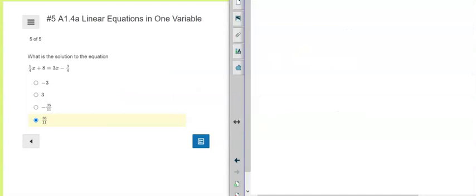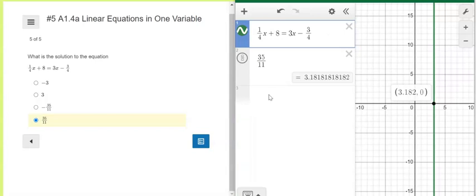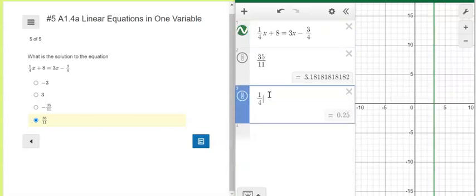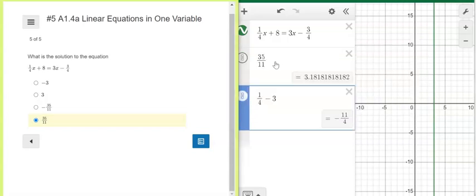So I have here, as I'm writing down, the good part is with fractions, I can handle the fraction operations in Desmos, right? So the first thing I'll do is always take the x over. So that is 1/4 minus 3. Let me put that in Desmos. 1/4 minus 3 is negative 11 over 4.